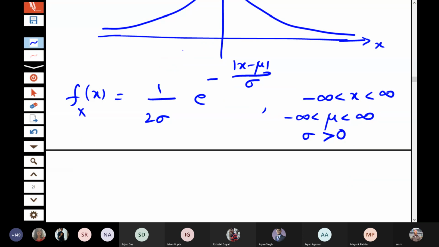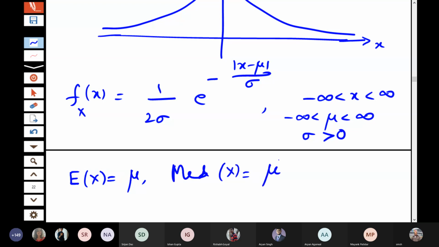Actually, it is symmetric, so you can easily see that expectation of x will be mu. In fact, median will also be mu. And if you look at the variance, variance of this is 2 sigma square. So I'm just leaving it for calculation. You can check all this calculation yourself.